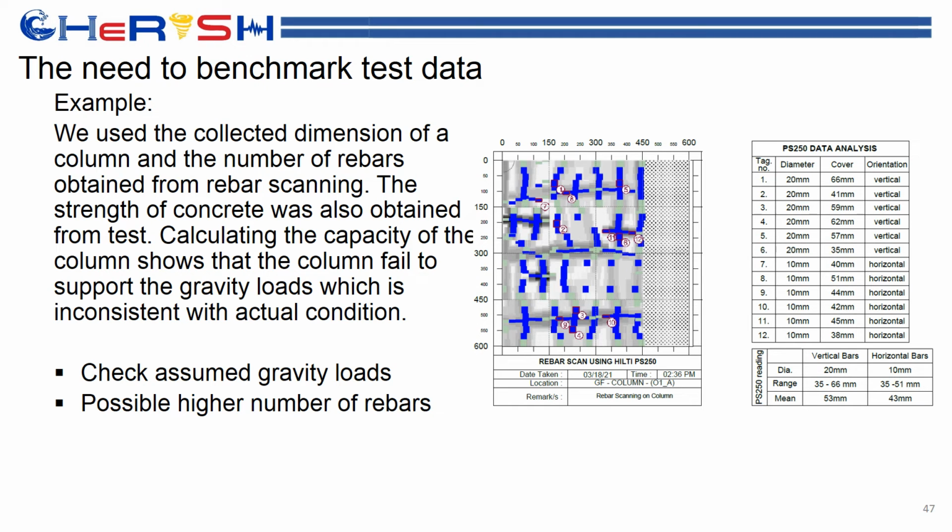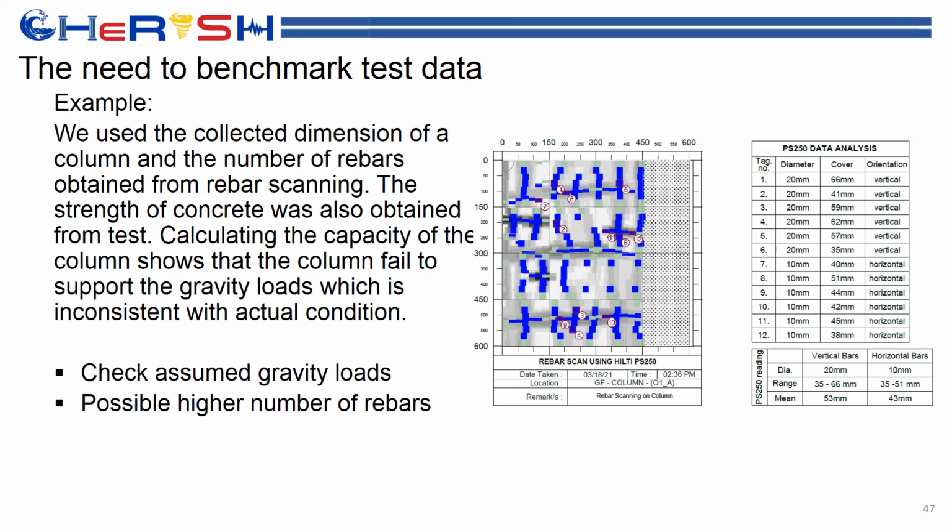And by underestimating the diameter of rebar, we are also underestimating the capacity of the concrete. So if the capacity doesn't match the demand, then it's either that we are underestimating the number or diameter of rebars, or we might be overestimating the amount of gravity loads that we use in our assessment.